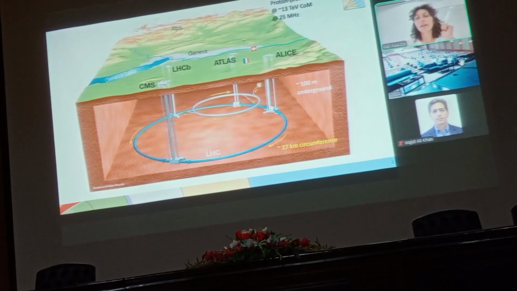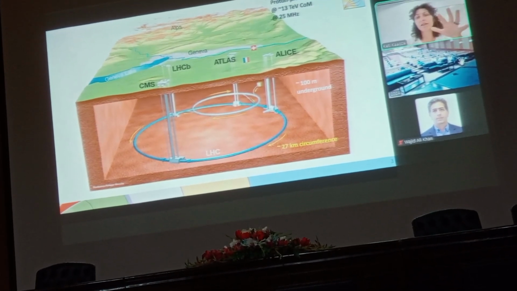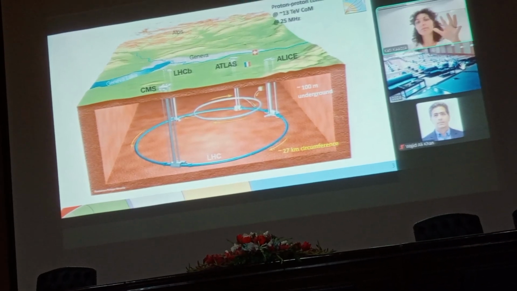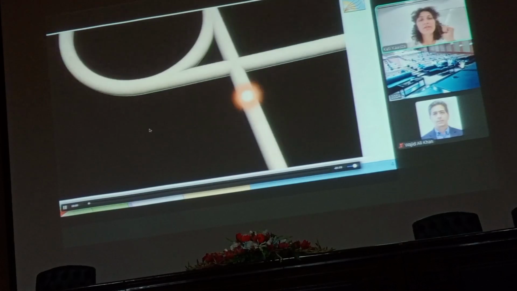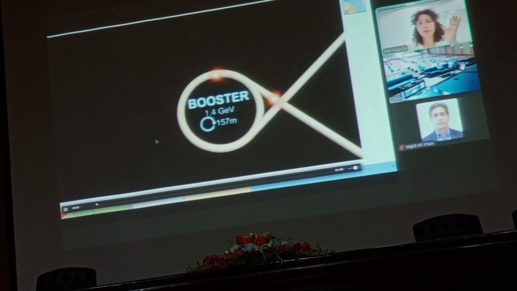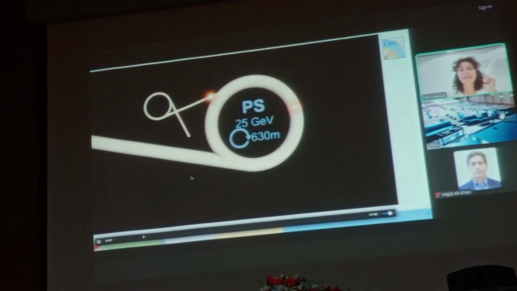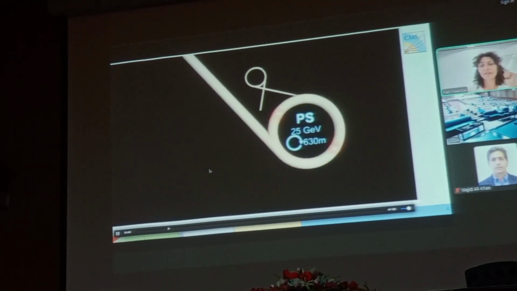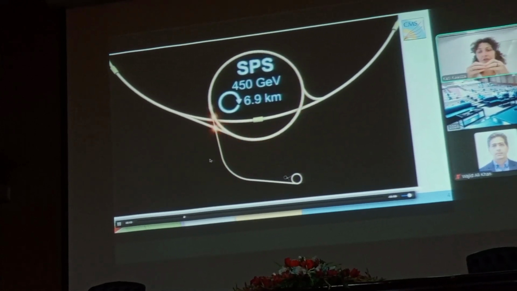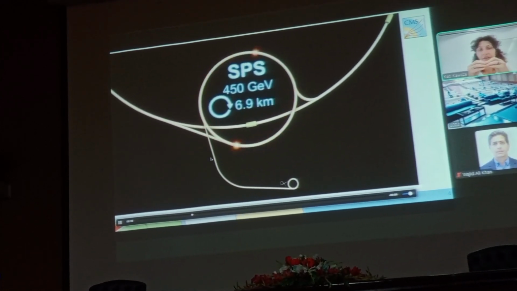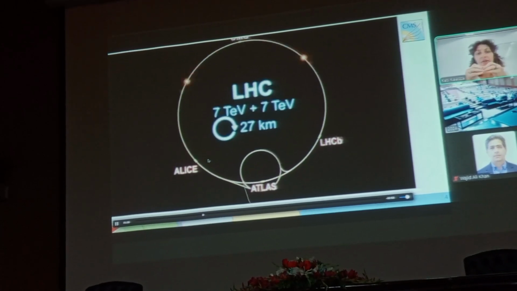So you know that we are collecting now data at center of mass energy 13 TeV, and the collision rate is very high. So, just to give you an idea, maybe you've seen also this short video, but this is how collisions take place at the LHC, and in particular the collisions happen in the center of the detectors, at this 25 megahertz frequency.